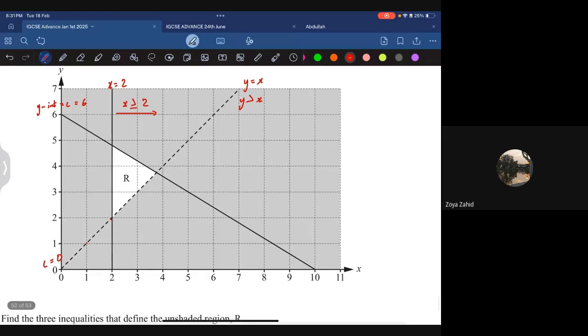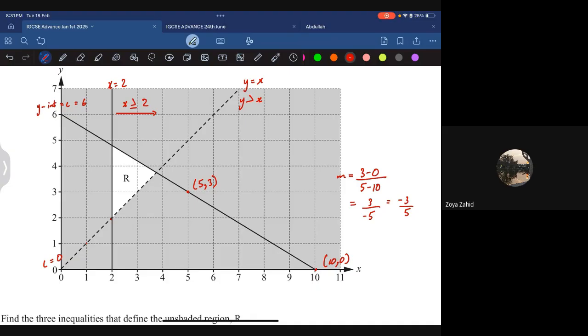I always try to take the whole number point, so I'll take this point, which is 5 and 3, and this point, which is 10, 0. The gradient is y2 minus y1, so y2 is 3 minus y1, which is 0, over x2 minus x1, which is 5 minus 10. So it's going to be 3 over minus 5, which technically means minus 3 over 5.